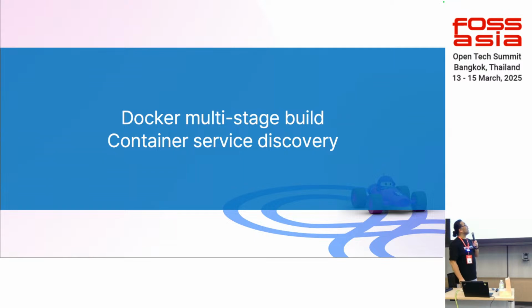And we use Docker Compose for container service discovery as well. Without Docker Compose, service discovery is possible, but it's kind of tricky. Docker Compose makes it a lot easier. So this is the first step.